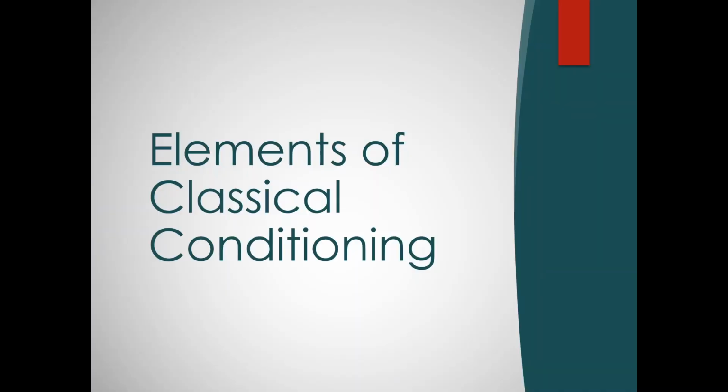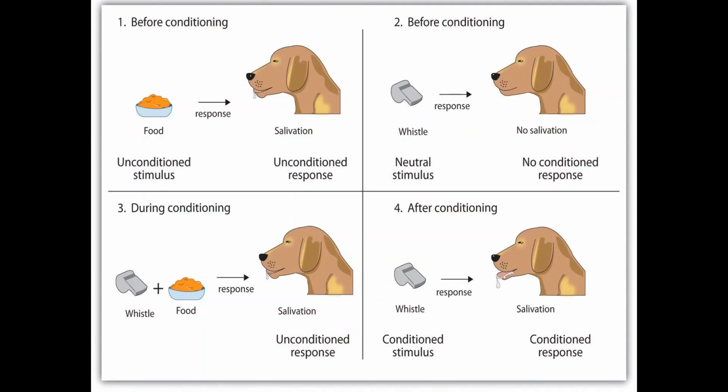So, the elements of classical conditioning: how we form these associations, how we learn to associate something with something that otherwise we would not associate it with. Once again, this is likely very familiar to you, but I am going to walk you through it. Before conditioning, or you can think of this as before learning, happens, we have an unconditioned stimulus, or something that naturally prompts us to engage a reflex, or the unconditioned response.